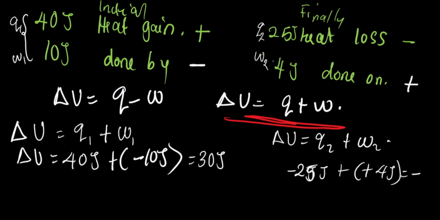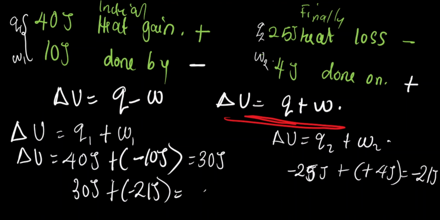This would give us negative 21 joules. And of course, since we already have the change in internal energy for each process, we'd simply add these two values together. So we would have 30 joules plus negative 21 joules, and this would give us 9 joules, which we got earlier on.